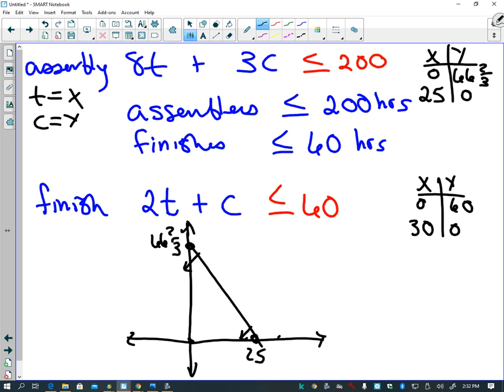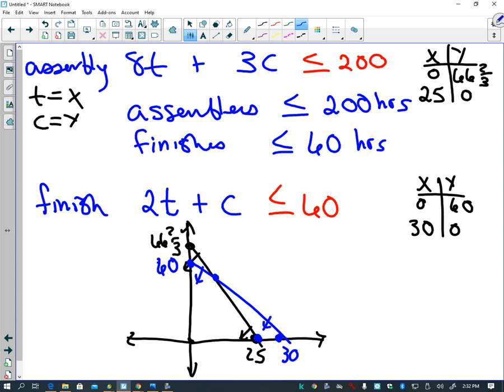The other one is just less than that because it has a y-intercept of 60 and an x-intercept of 30. So 60 and 30 is going to come out like that. You with me so far? And it's less than this, so it's coming down here. So our feasible region is here and down here.